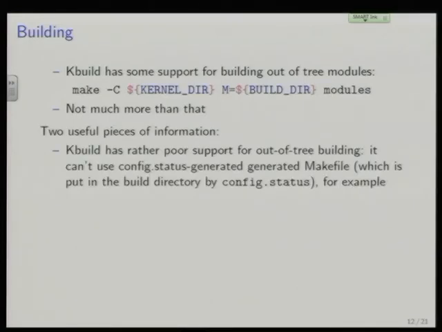For example, kbuild, the kernel's build system, doesn't go well with out-of-tree building. For example, when you would like to have your build artifact outside your source tree, usually you have a Makefile that is processed by configure after make and will be put in the build directory along with other build artifacts.